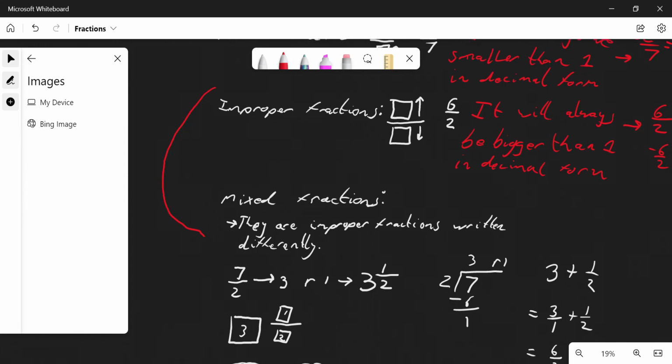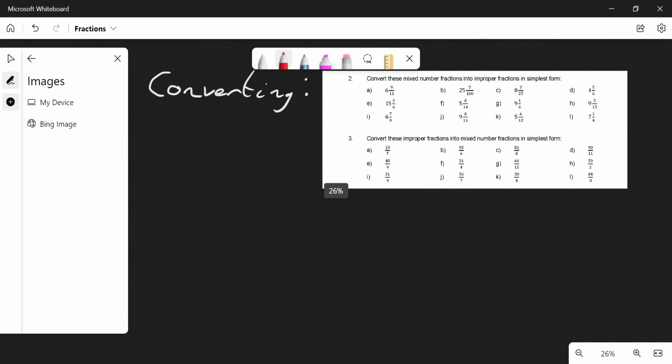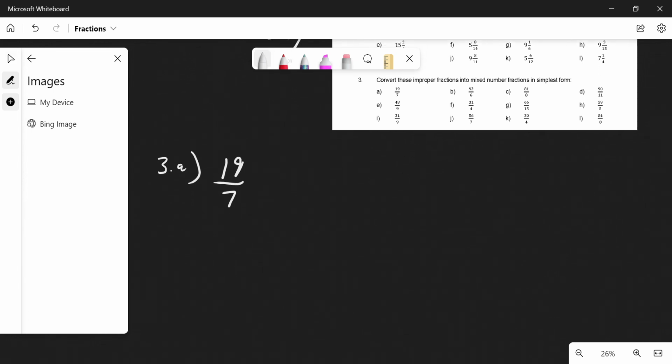So now let's go to these conversions, because conversion is a very, very important skill. Let's look at question 3a. I hope you guys can see there. So what are the rules for converting from an improper fraction? We have 19 over 7 here, and we want to make this a mixed number. Remember, you ask yourself, how many times does my denominator fit into my numerator?